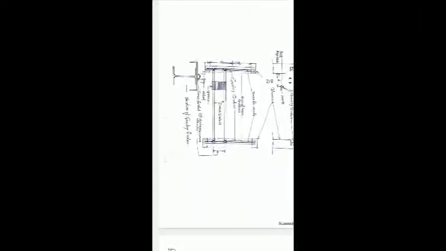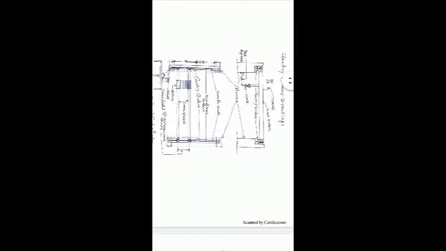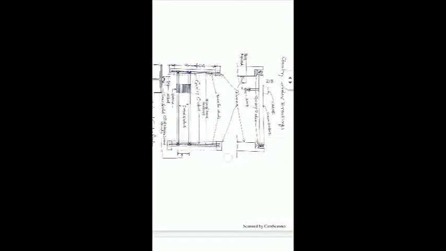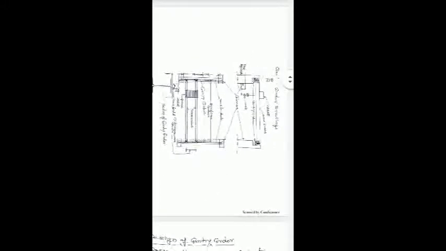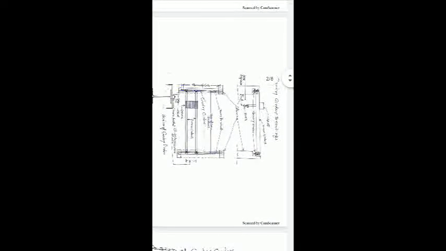as you can see, this is a sectional elevation of the gantry girder. This is the crane girder. This is the crane or trolley, and this is the hook. The distance from the hook to this column is known as the minimum hook approach.